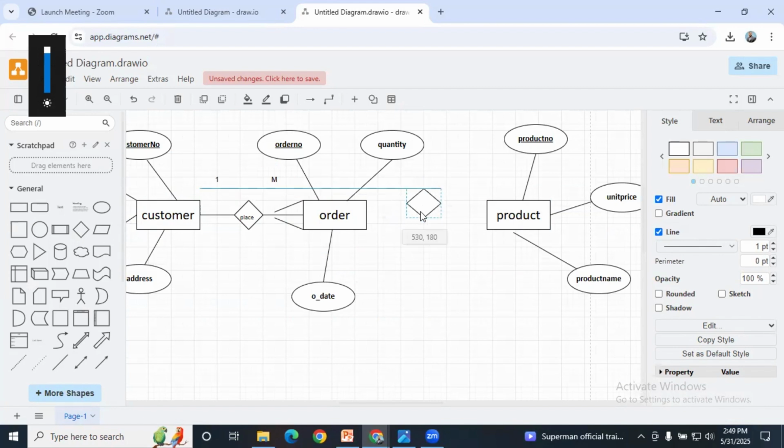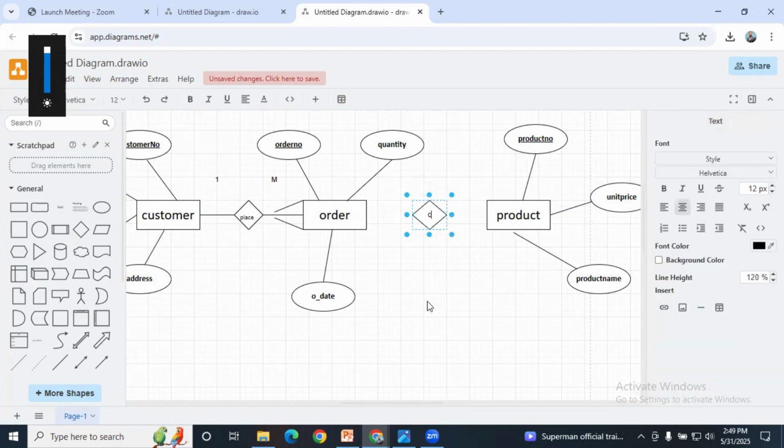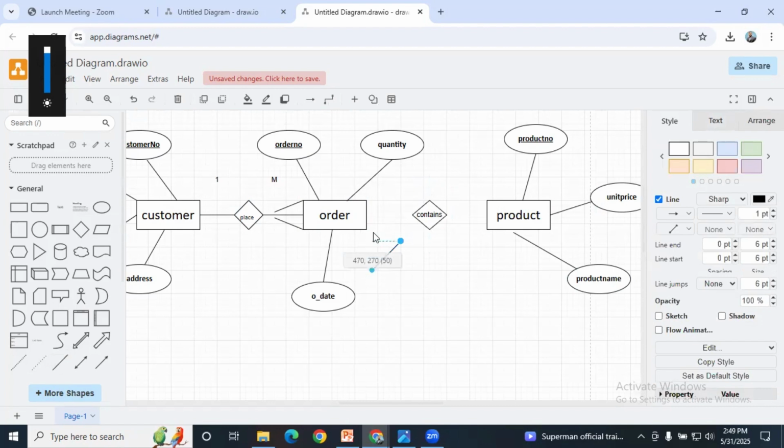According to the relationship, you can mention includes or contains or anything. So I will put contains in here. Simple. Contains, and you want to create the relationship between those two entities.